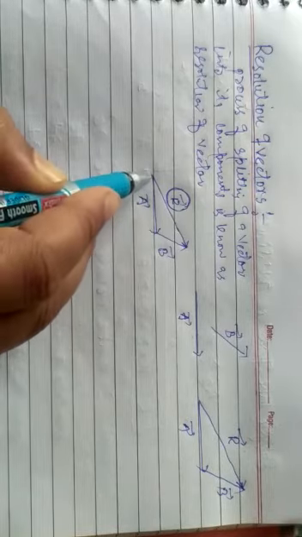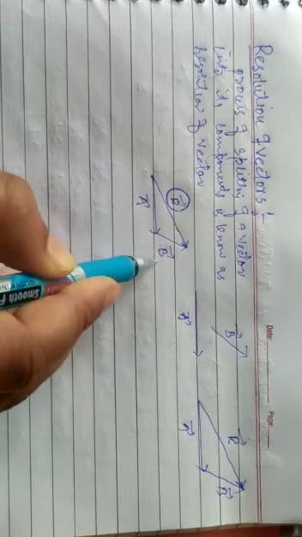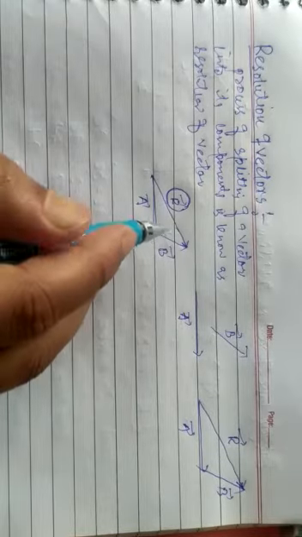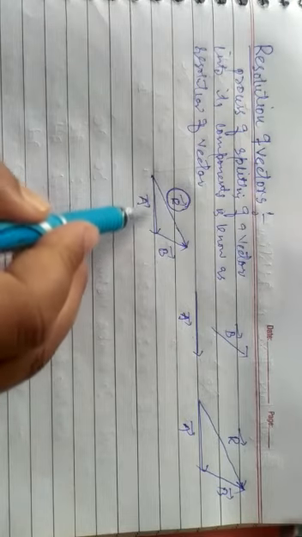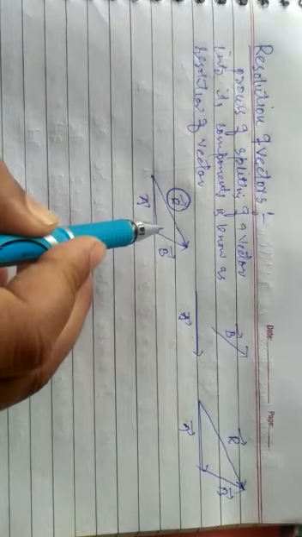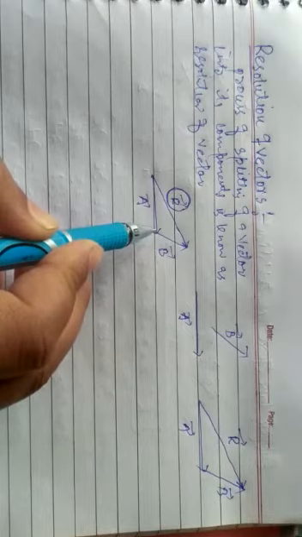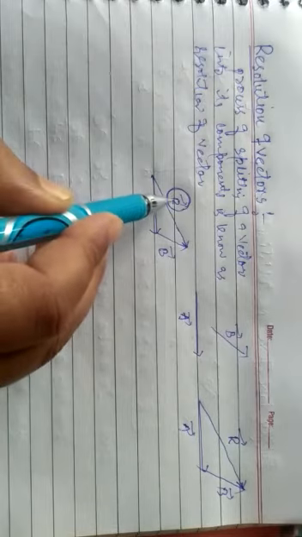But if you go beyond this point, your magnitude changes, although the direction remains the same. So in a particular direction, once you go through resolution, splitting of a vector, it has a particular component. That's called the uniqueness of the component. This a and b are the components of r.